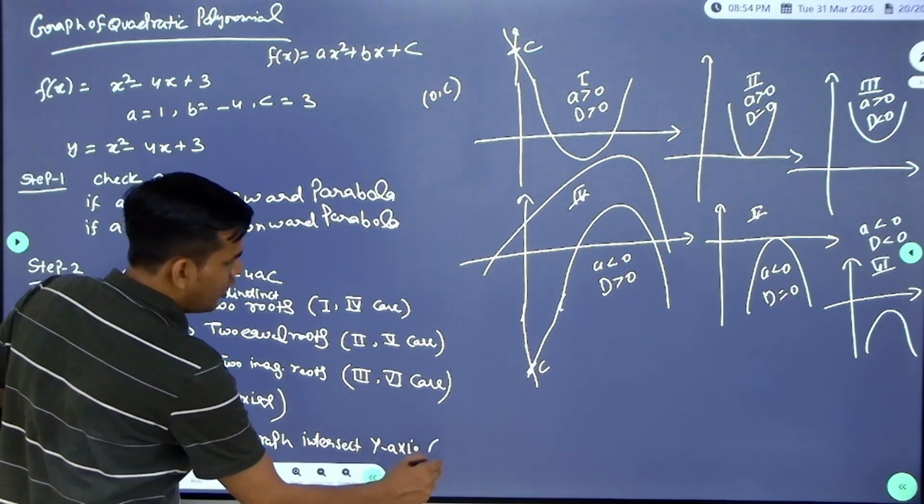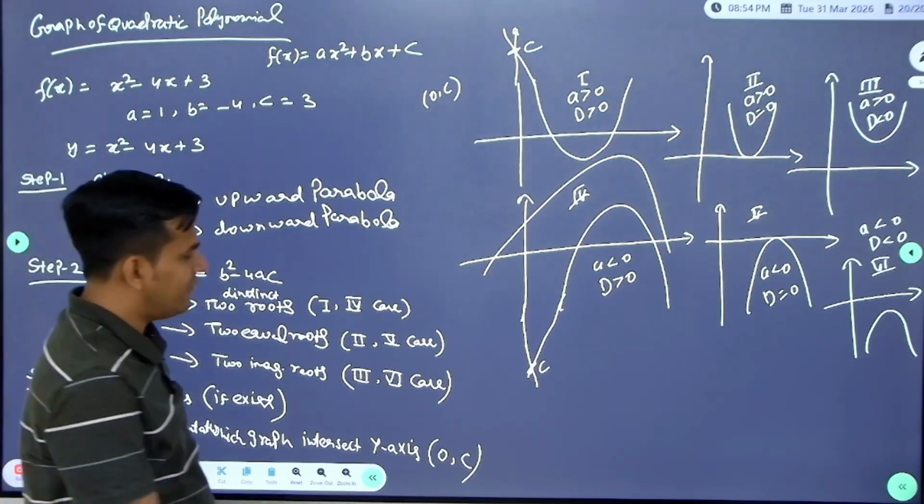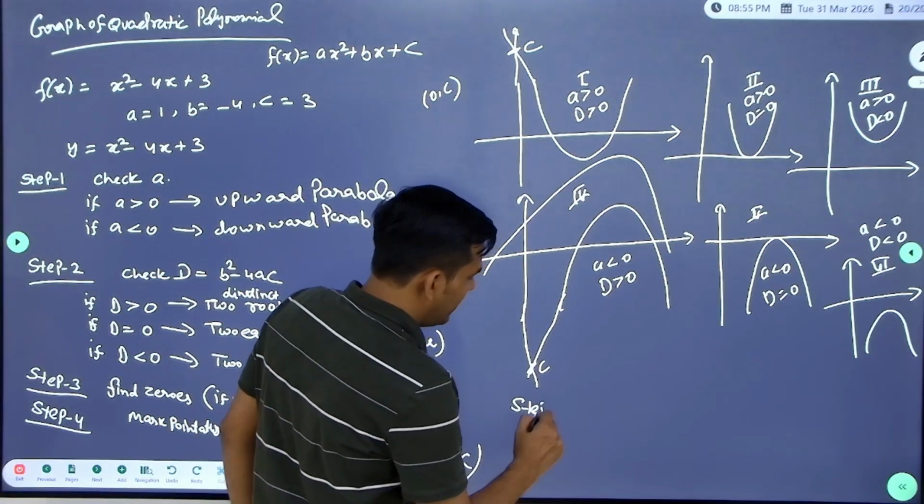This point is 0 comma c. Graph intersect y-axis at 0 comma c because at x equal to 0 y is equal to c. So graph will always intersect y-axis at 0 comma c. Step 5 is find vertex.